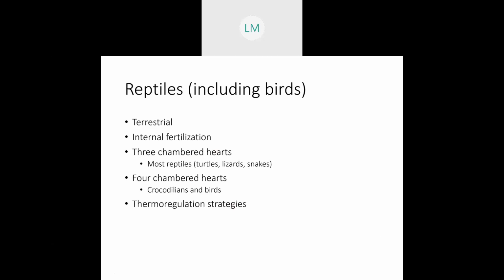And then we also see the evolution of what are called thermoregulation strategies. So in the water, you're pretty much going to be the same temperature all the time. Water, we talked about this way back at the beginning of the semester. Water doesn't really fluctuate in temperature as much because it has that really high specific heat. So it takes a lot of energy to heat up water.